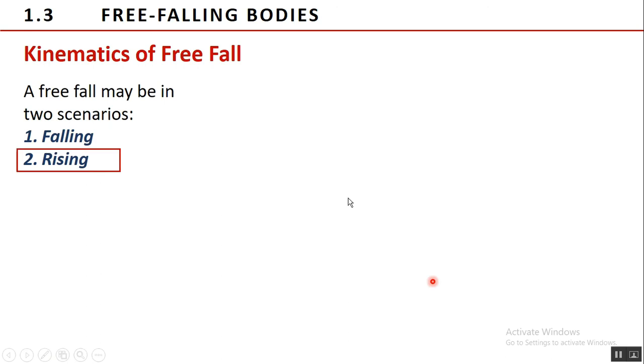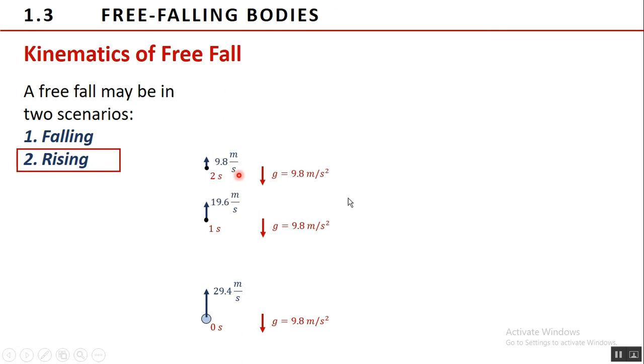On the other hand, a rising body is decelerating at the constant rate of 9.8 meters per second for every second. When we throw an object vertically upward with an initial velocity of 29.4 meters per second, because of the opposite direction of gravitational acceleration, its velocity becomes 19.6 meters per second 1 second later. 2 seconds later its speed becomes 9.8 meters per second.